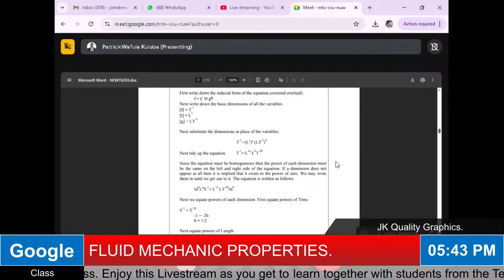Then you write the equation minus 1 is equal to minus 2B, so B is equal to a half. I repeat that: you put the like terms on the left hand side against those on the right hand side.